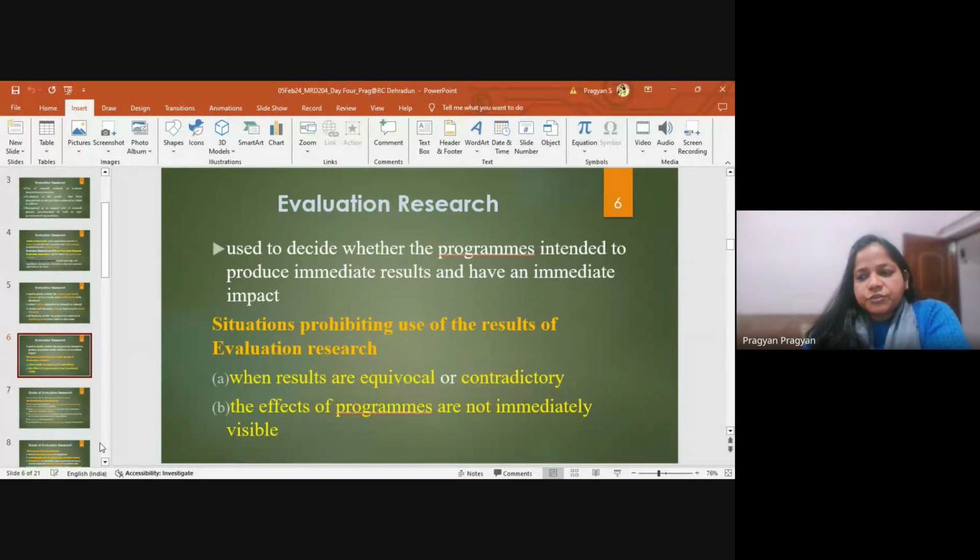These underprivileged strata are facing multiple kinds of challenges in their daily life. It can be socio-cultural, economic, or political. That means sometimes it is not possible to evaluate the immediate outcome or the immediate impact. Again, it is a very crucial limitation of this research method.